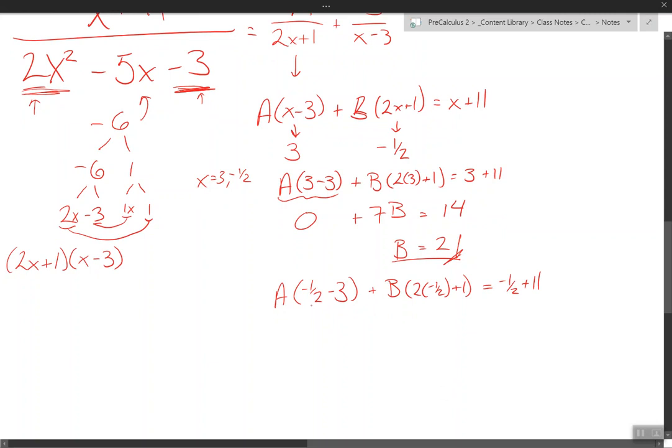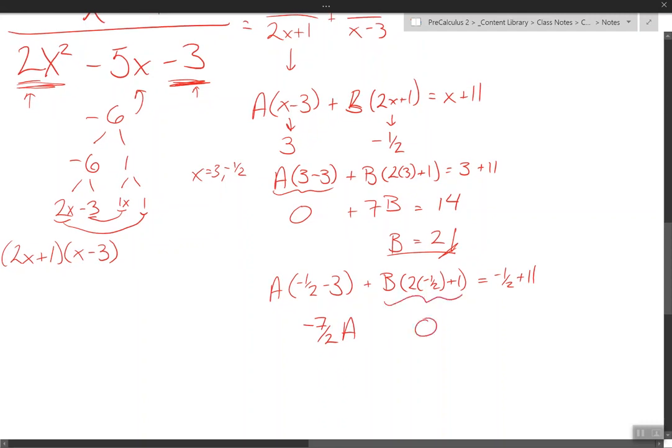So we've got negative 3 and a negative 1/2, so it'd be negative 3.5, but let's make that an improper fraction, so that's negative 7/2 of a. Again, that term will be 0. And on the other side, 11 minus 1/2 is 10/2... 10.5. And 10.5 is 21 over 2.